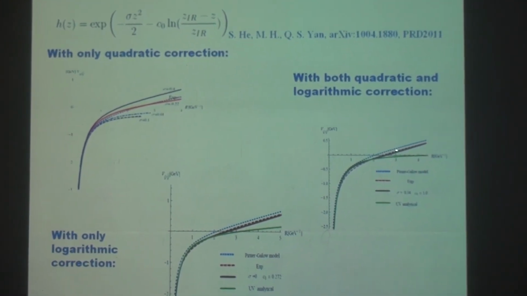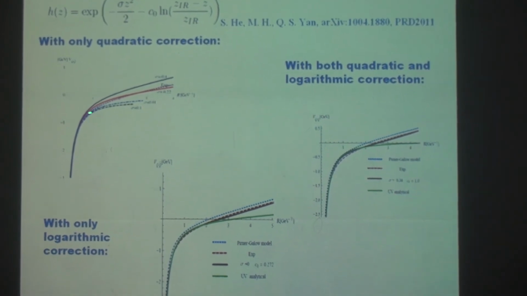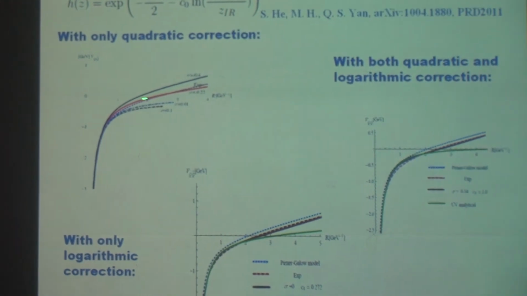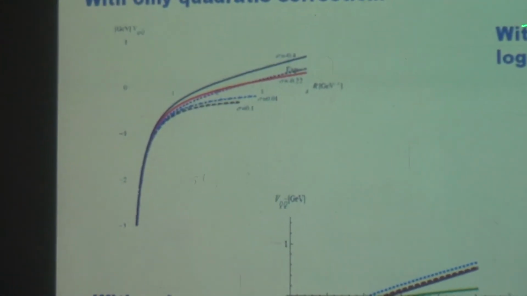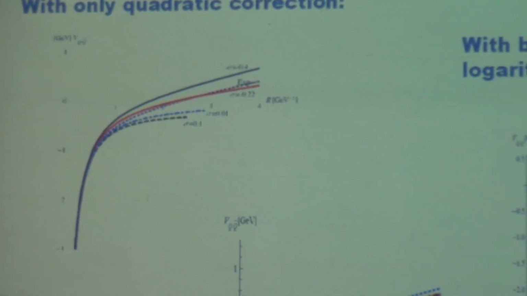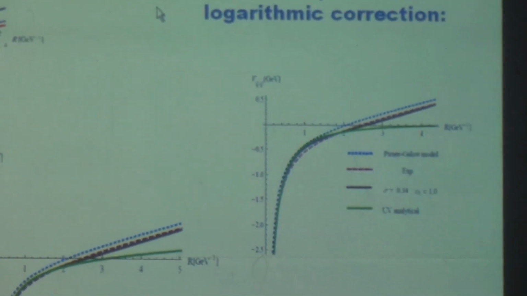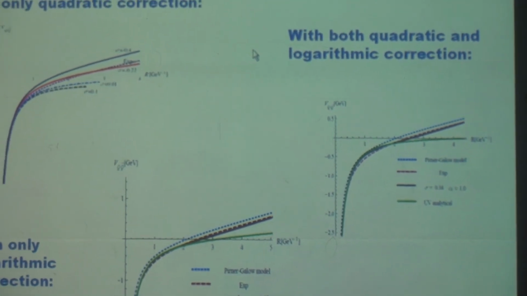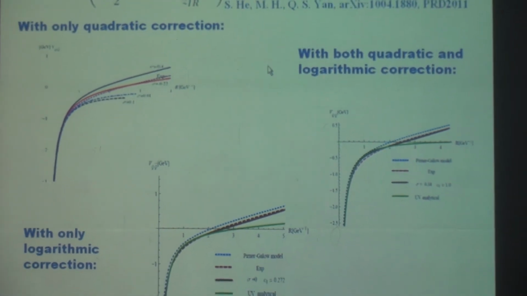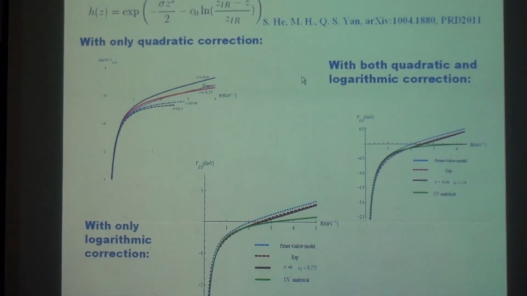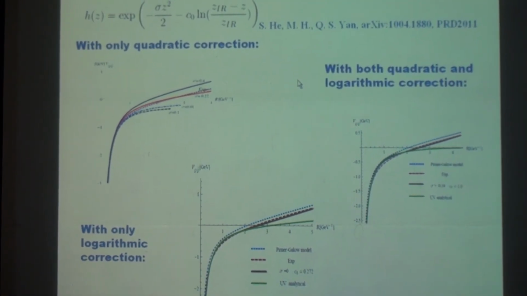It's actually not bad, because you see that this is the Cornell potential, and we can reproduce this quite well. But until now, it's kind of still a try, and we don't really understand what's there.